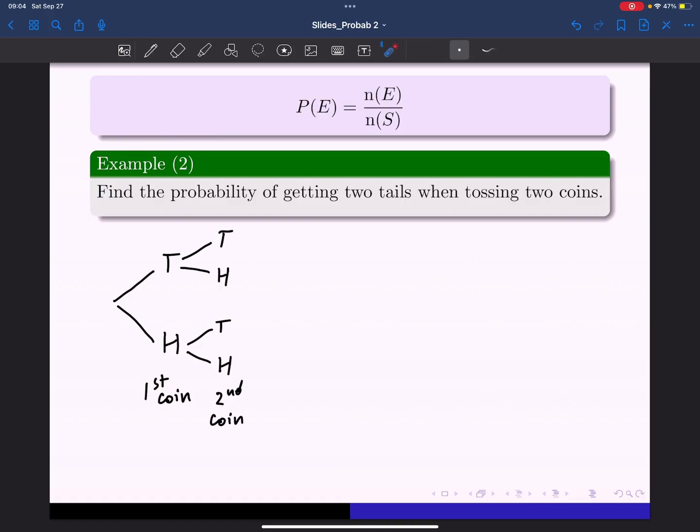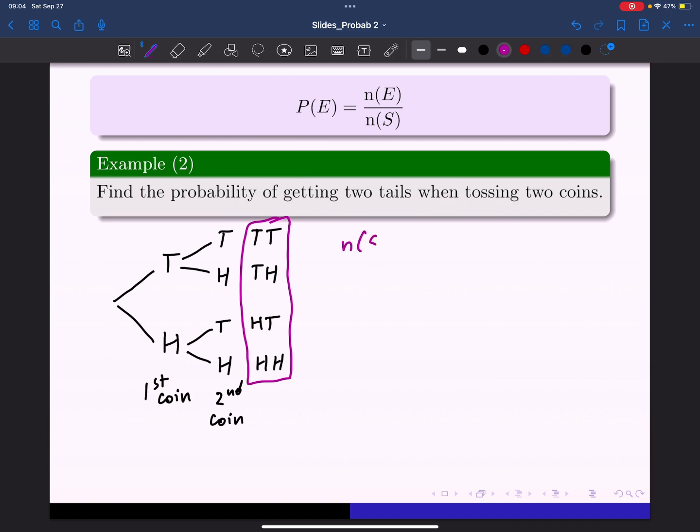If you remember, how did we list the outcomes? We have tail-tail, then tail-head, then head-tail, and head-head. So this is all my sample space. I can list them in this way. So how many of them do we have?